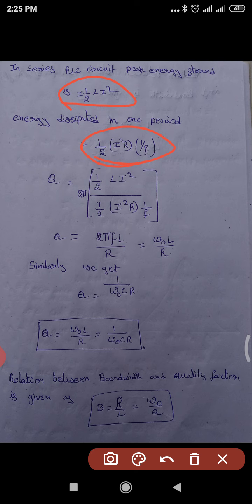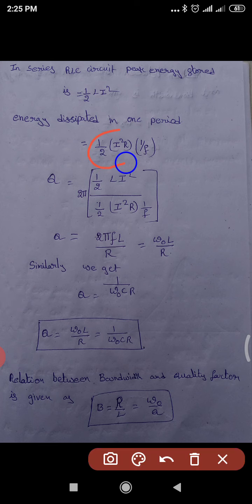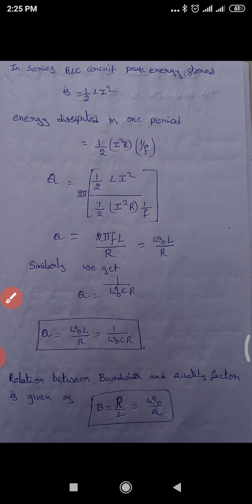Actually this is called power, and this 1 by F is nothing but the period T. Instead of this 1 by F we can express it as T. That is the formula.